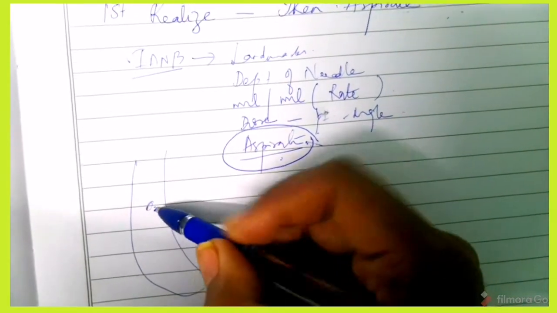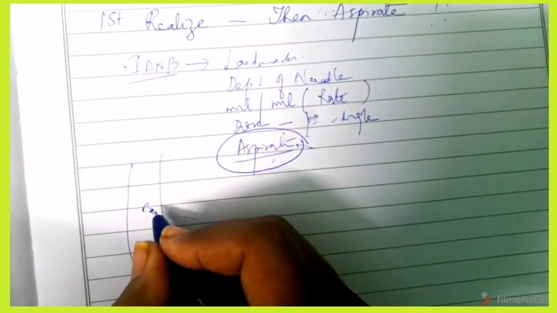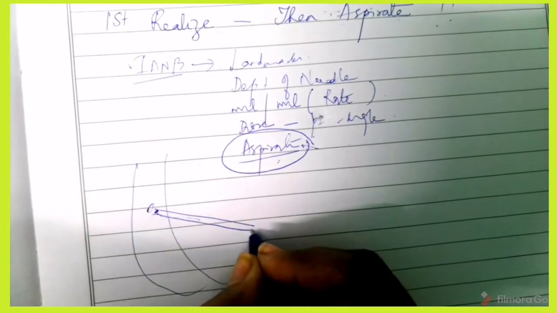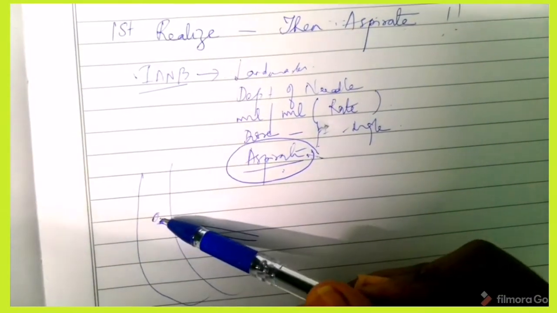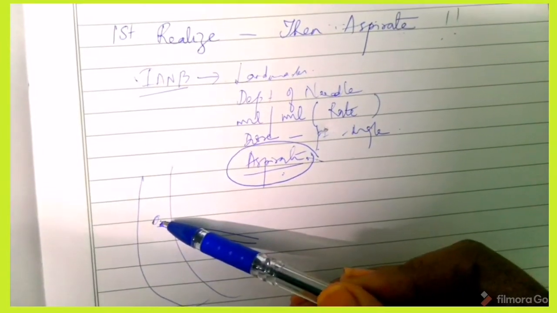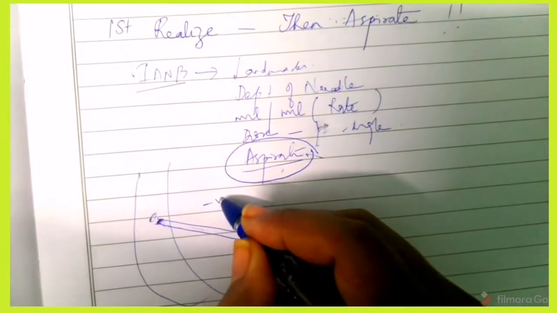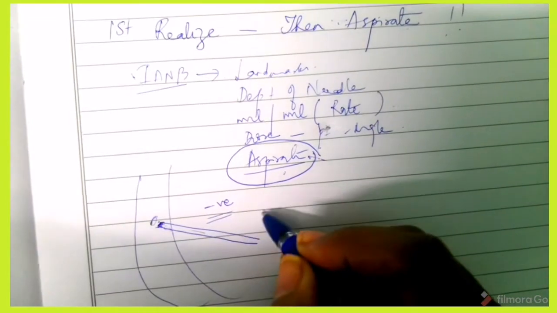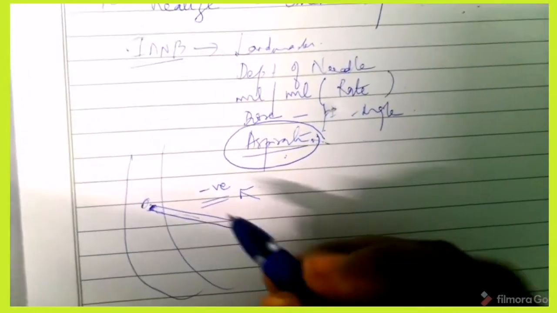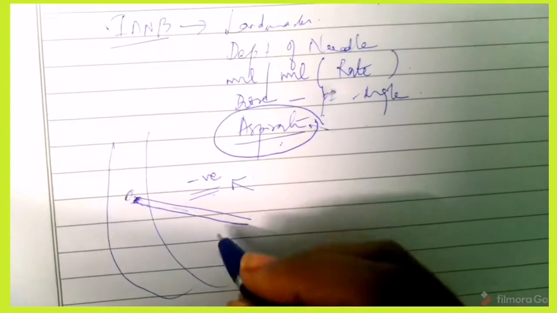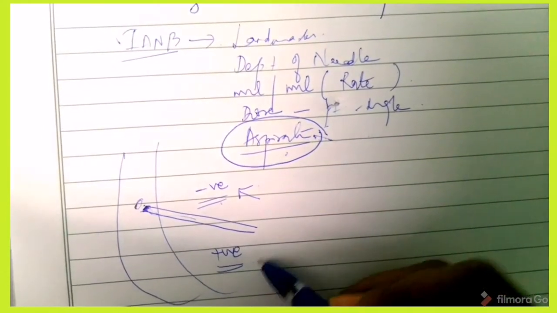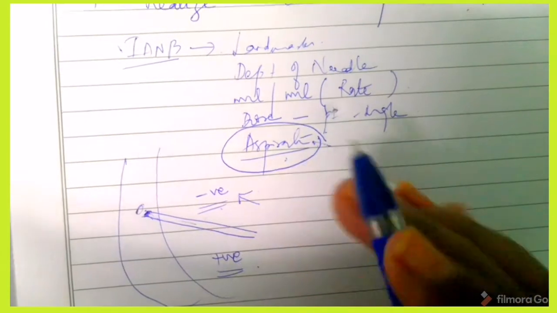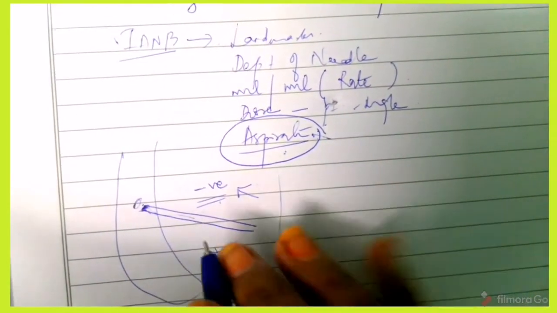This is the needle. The bevel is hitting the bone and you are aspirating. When you aspirate, if it is negative, you inject the solution. If it is positive, you change the angulation of the needle, aspirate again and then give. This is the normal thing which you follow.